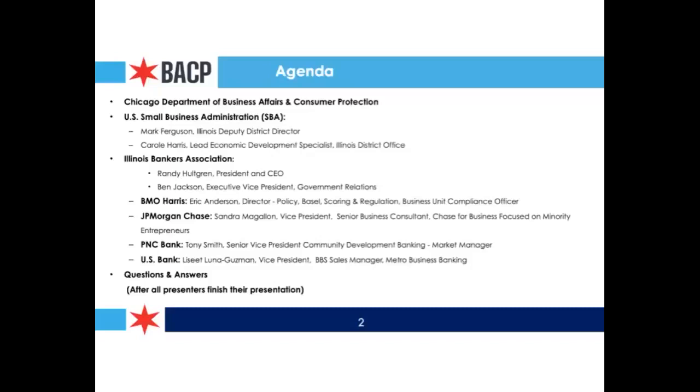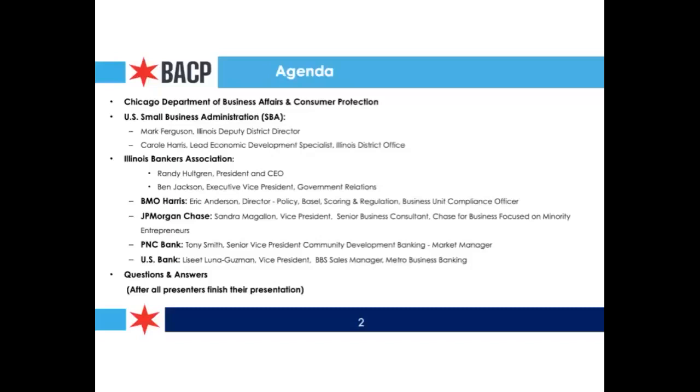And then once they're done, they're going to pass it off to the Illinois Bankers Association. We have Randy Hultgren and Ben Jackson here from the Illinois Bankers Association, and they have gathered 4 different banks here today to talk specifically about how to apply for the Paycheck Protection Program at their institutions.